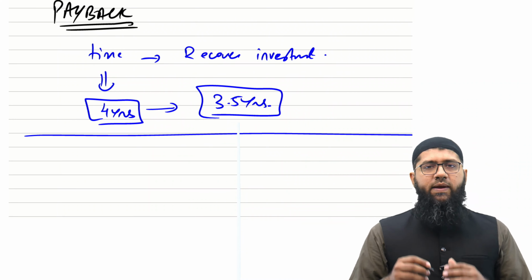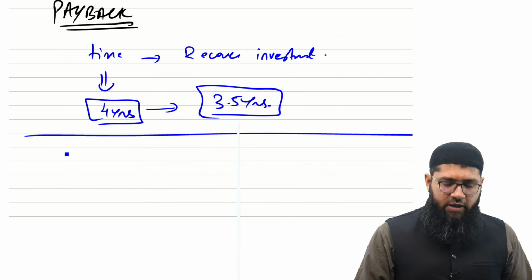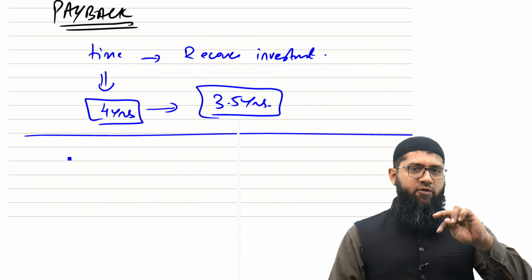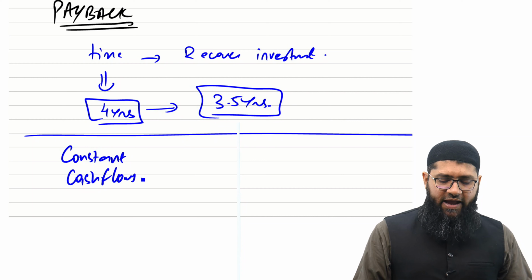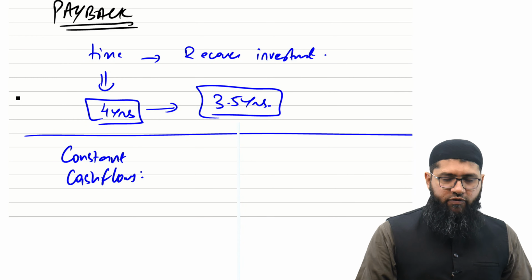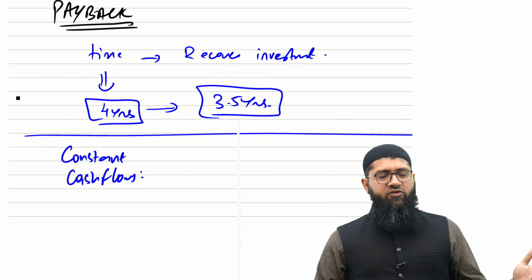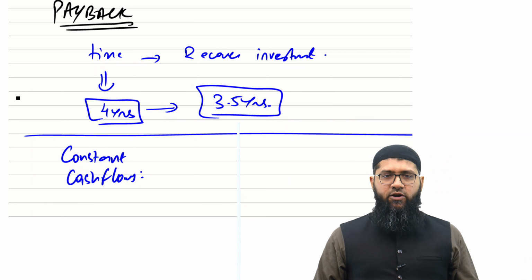Now, how do we actually calculate the payback period? There are basically two types of situation. One of them is when you get constant cash flows. What do you mean by constant cash flows? When the cash flows arise like this, each year you're getting 100,000, or each year you're getting 200,000.